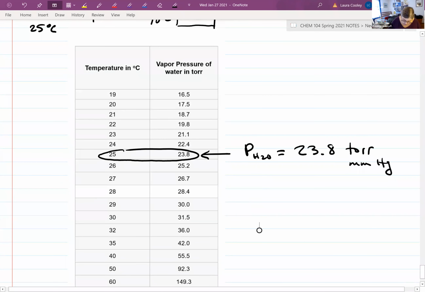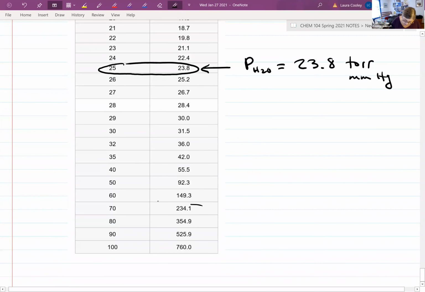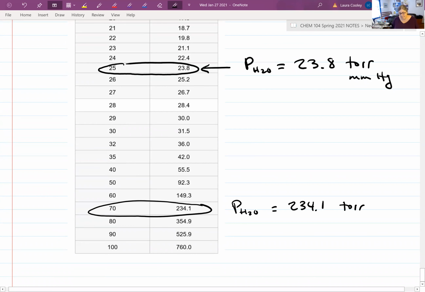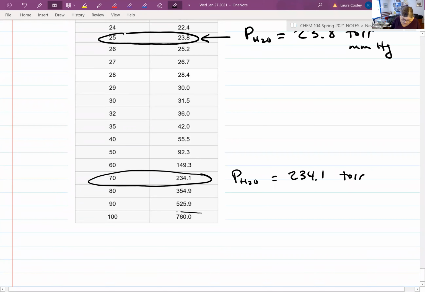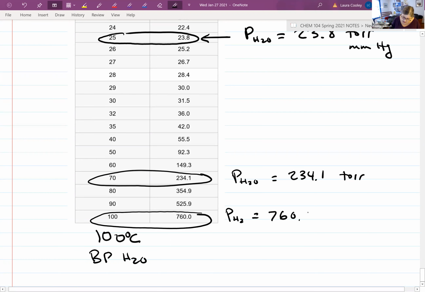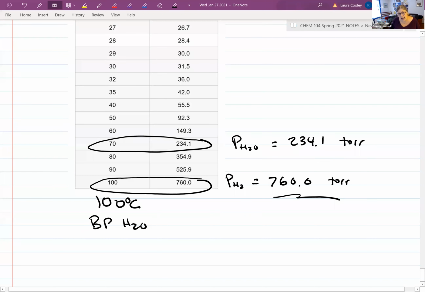As it goes up, here's 70. Look what happens to that vapor pressure of water, 234.1 torr. And here's a very unique situation. At 100 degrees C, which is the boiling point of water, the vapor pressure of water is 760. What is 760? That's 1 atmosphere. This is the same as atmospheric pressure at sea level.